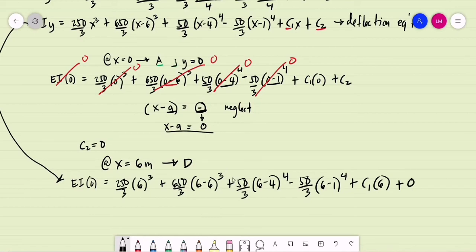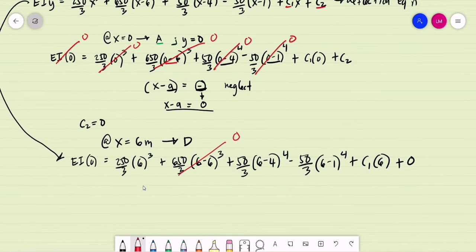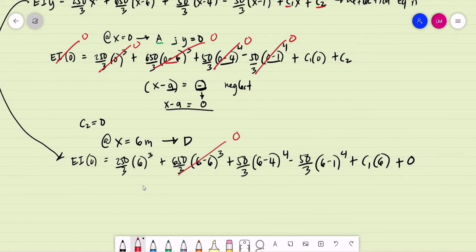So we have this term as 0, the 6 minus 6. The same with the EIy, since y is equal to 0. Again, at x is equal to 6 meters, that is support D.